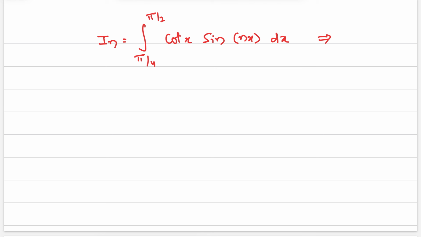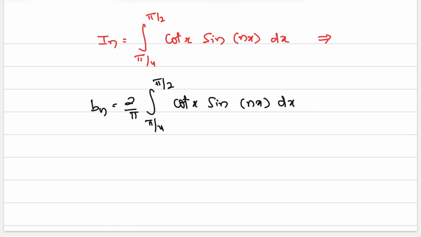There will be a different behavior for different values of n. What is the value of Bn? Bn is equal to 2 by pi into the integral from pi by 4 to pi by 2 of cot x sin nx dx.